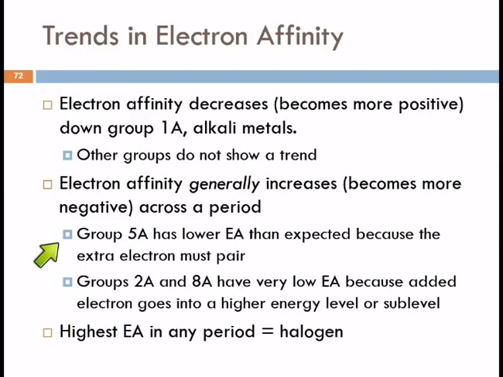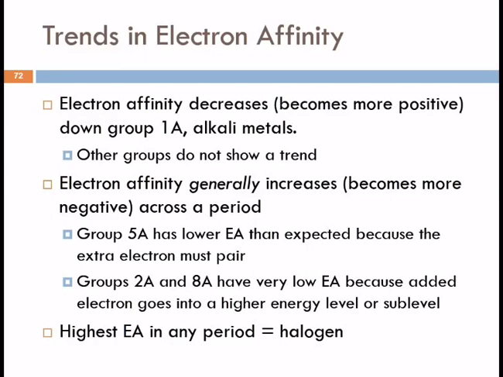For group 5A, we see that the electron affinity is lower than we expect. It's less negative. Remember, a negative electron affinity means that energy is released when you add the electron on, so that's something that's likely to happen.